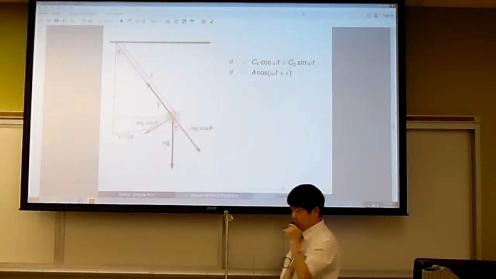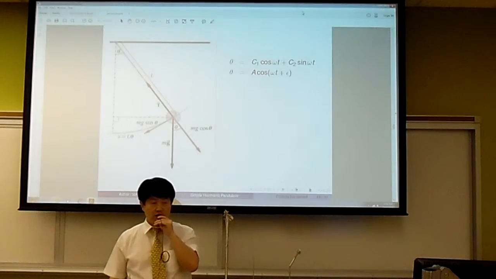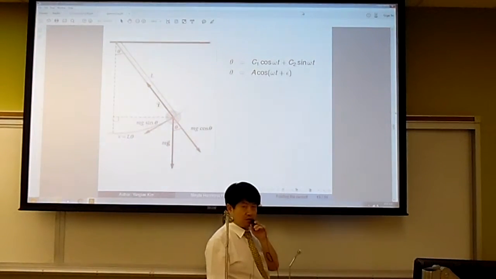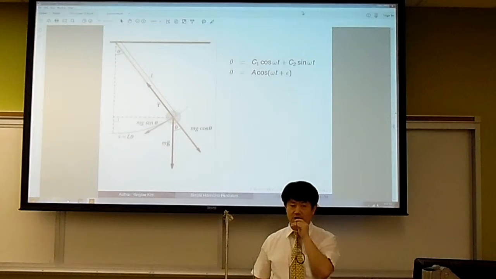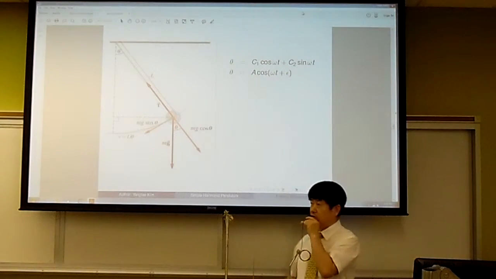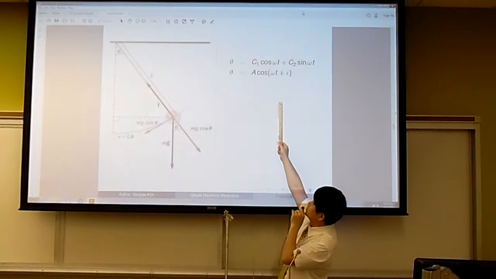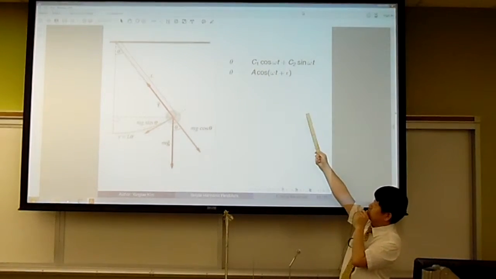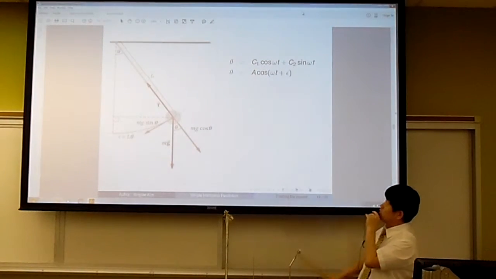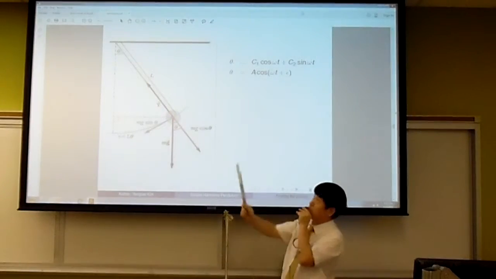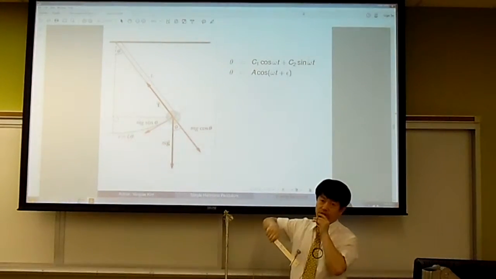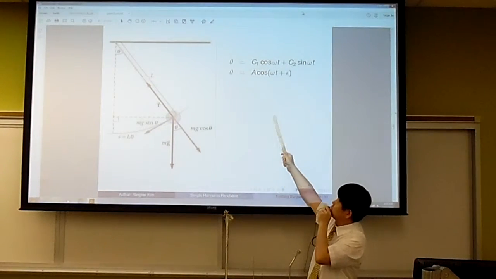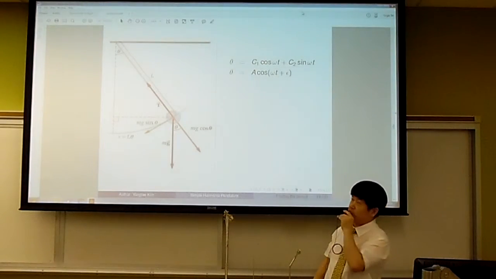Using the trig identity, which is cosine of alpha plus beta is cosine alpha times cosine beta minus sine alpha times sine beta, we can rewrite that in this form, cosine of omega t plus epsilon. Epsilon is a constant. If we expand this out using the trig identity, you get the first equation form, because cosine epsilon is constant and will be embedded in C1. Sine epsilon is also constant and will be embedded in C2.